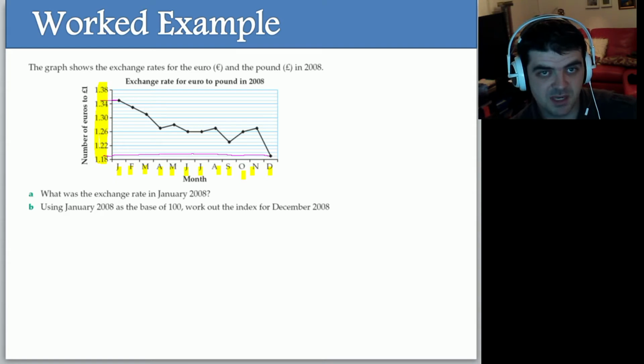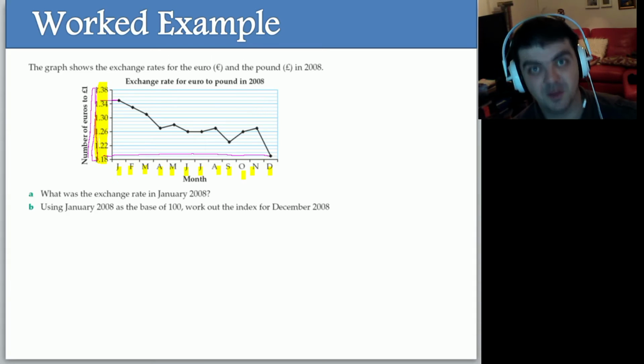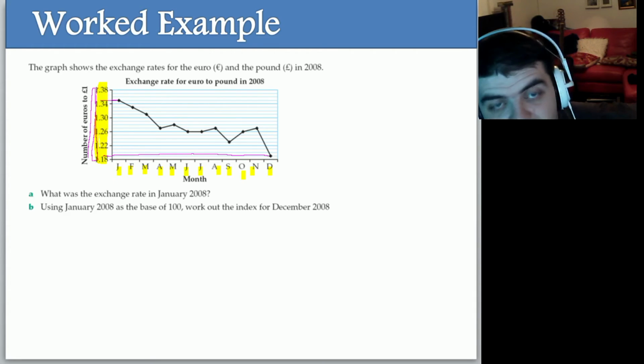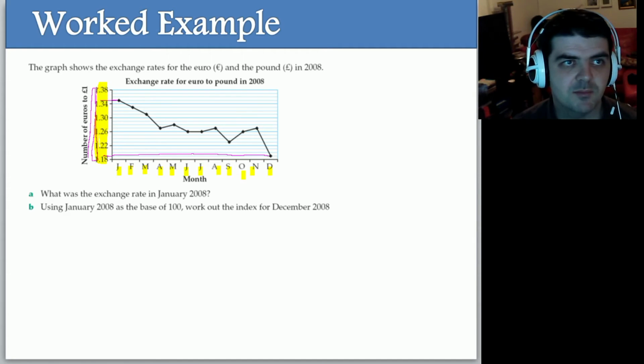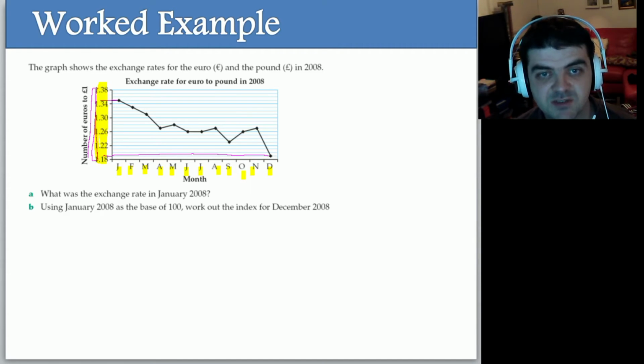Up the side we have our exchange rates, or the value in euros of a pound, from 1.18 to 1.38, and along the bottom are the months: January, February, March, April, May, June, and so on. The first question is quite straightforward. It just asks, what was the exchange rate in January 2008?